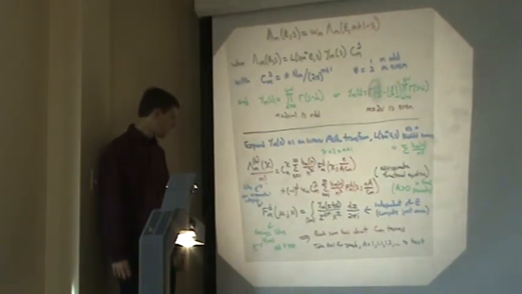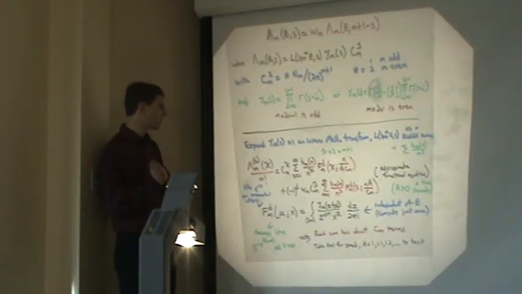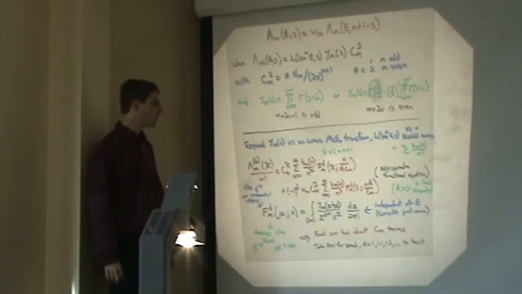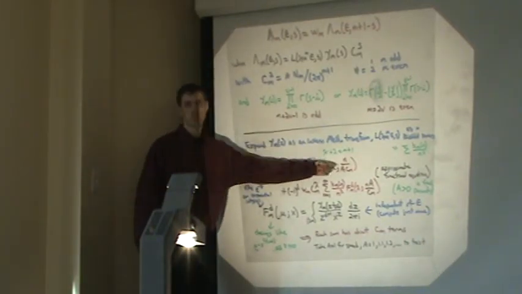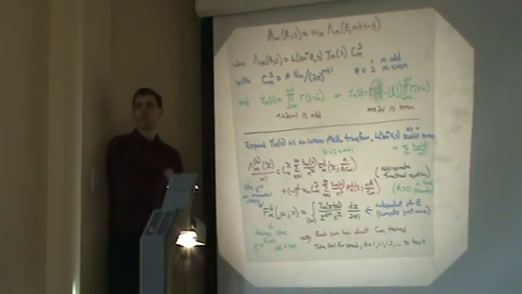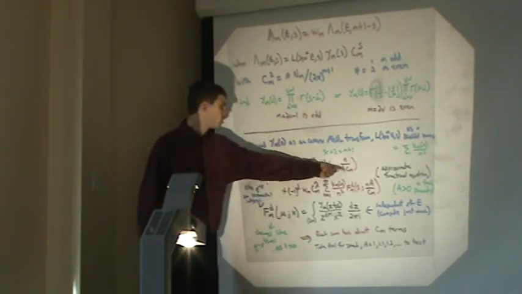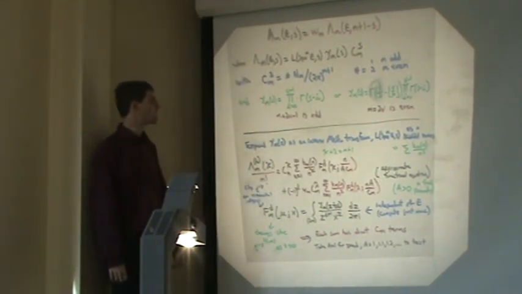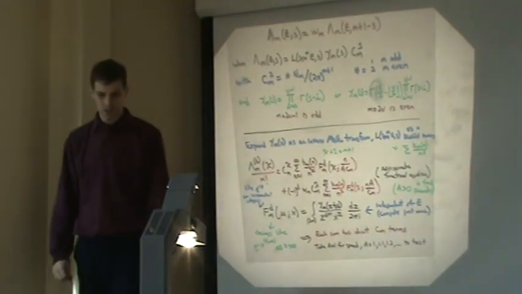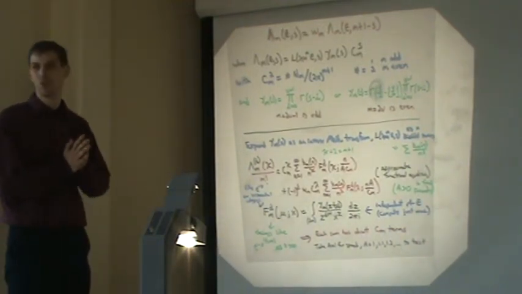With an exponential function, you get some sort of linear convergence. For instance, if your square root of the conductor was something like 10 to the 5th, once you got n up to 10 to the 6th, then this e to the minus whatever power should be fairly small. So it should be some linear distance past the square root of the conductor. That's how many primes you need to compute. This is how it's usually phrased: you just need to compute up to about the square root of the conductor.